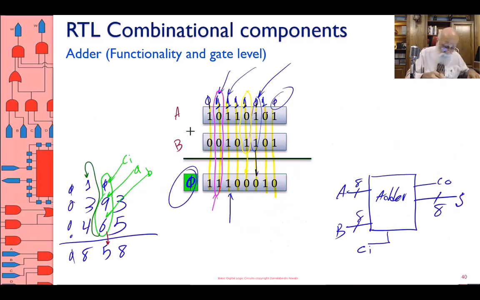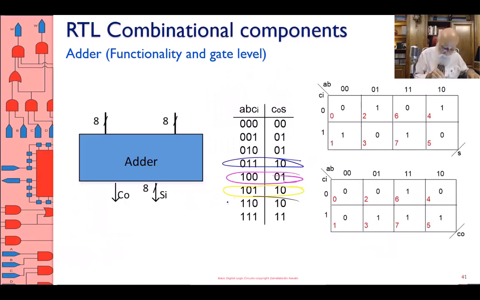Do I have 110? Yes, I do. Good thing is that I have everything that I have over here, so that's pretty good. So let's do 110. Is this one here? The sum is 0, carry is 1. Is this one over here? So it is 10.